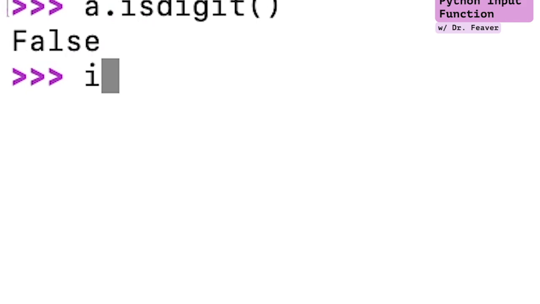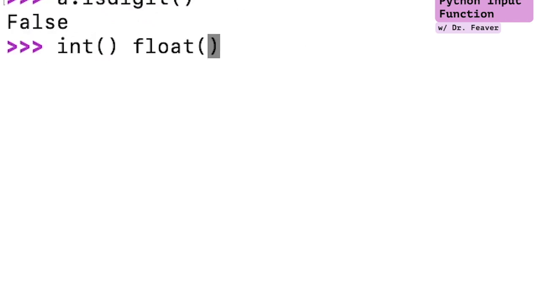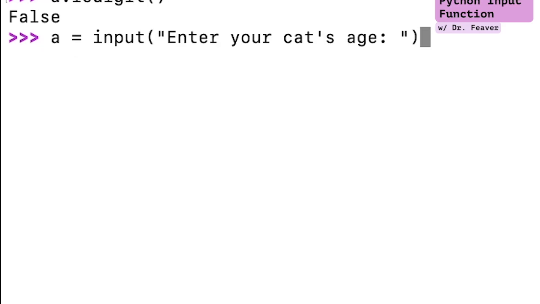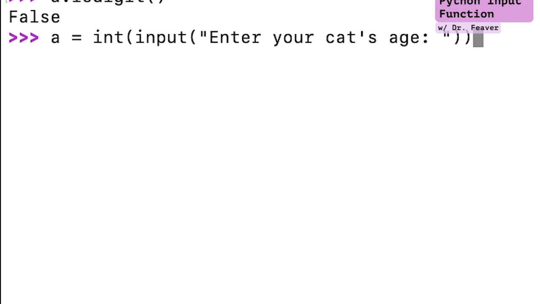It always takes in user input as a string, even if you type a numerical value, and you can change that string to an integer or a float by using int and then putting the variable name in there, or using float and putting the variable name in those parentheses. And you can actually do what I had done above and wrap the whole input function into an integer to have it automatically cast the input into an integer to begin with.